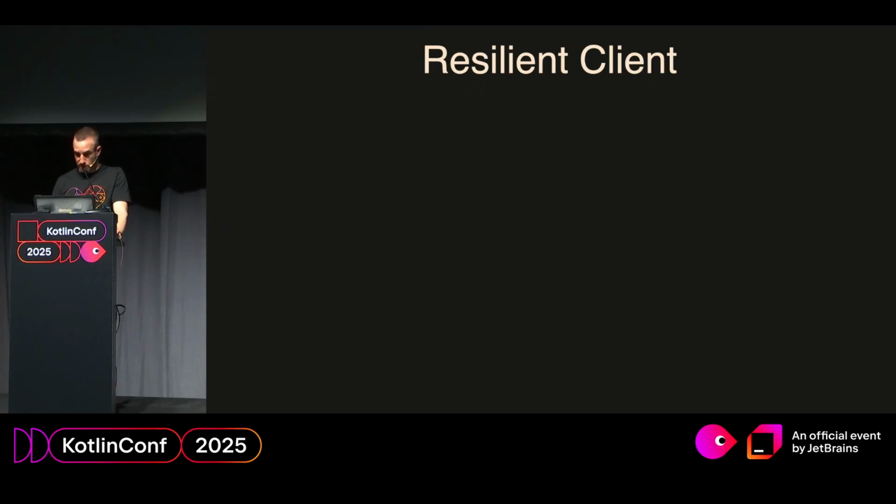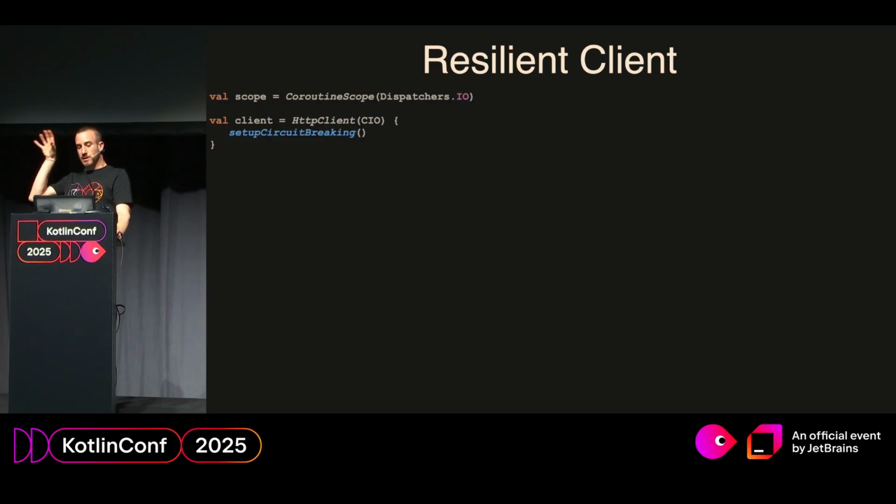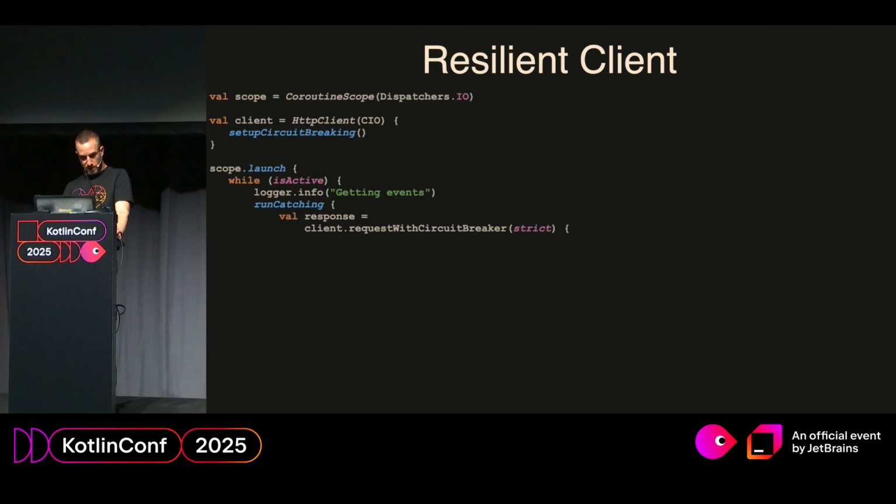And now, let's see how our resilient client looks. So again, like before, we created the scope and the client. So now, in the configuration block of the client, we call our function, setup circuit breaking. And as before, we do all this, but now the difference is we have here client request with circuit breaker, and we pass to it the strict policy.